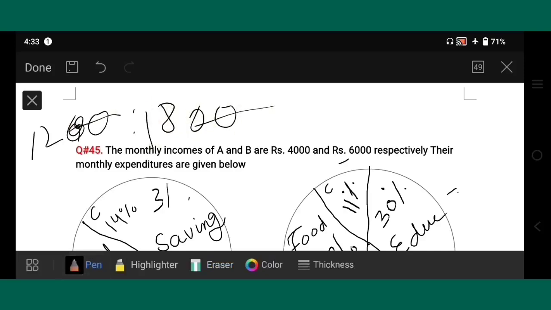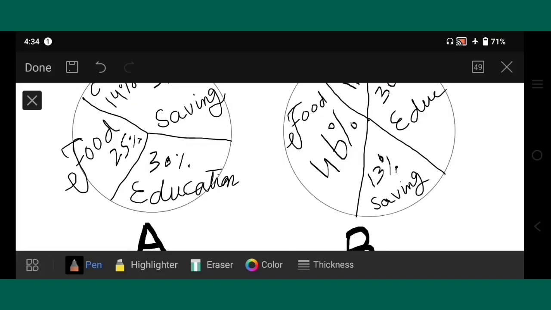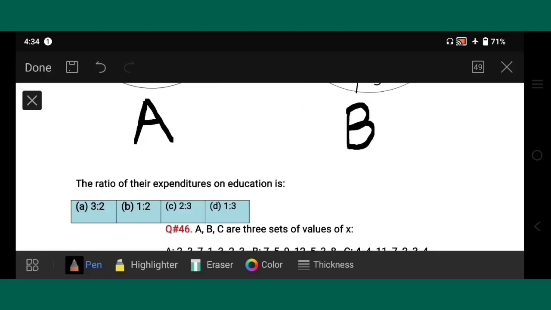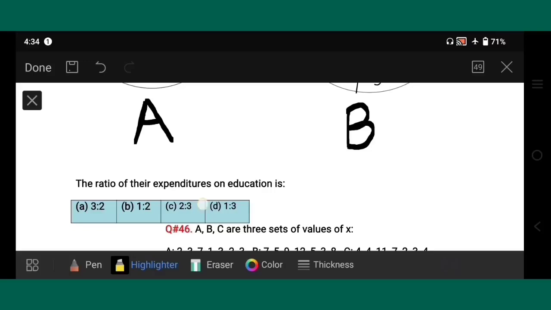So this and this will be cancelled. Divide by 6, so it gives 2 and it gives 3. So the ratio is 2:3. 2:3 is the correct option. Two ratio 3, that is option C is correct.